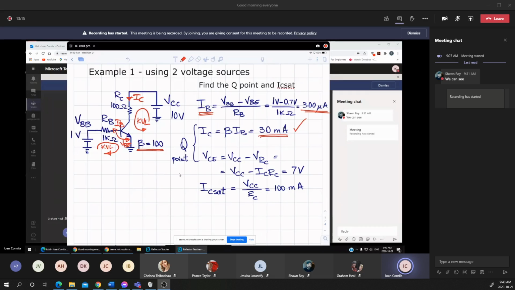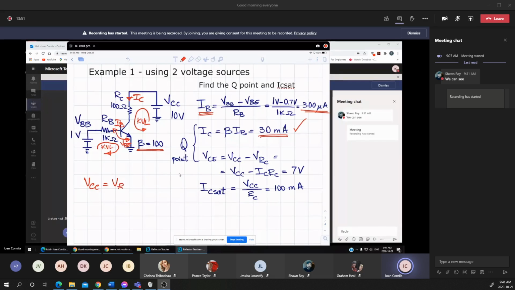You notice that on the output loop, if I'm looking for the equation, what I'm seeing is that the VCC equals the VRC plus the VCE, or the voltage between the collector and the emitter. That's the voltage VCE. Okay, here we go. Sorry, the VRC. Sorry for that.